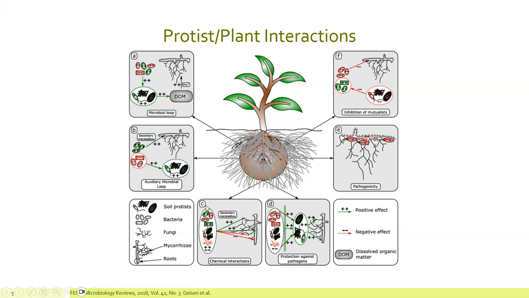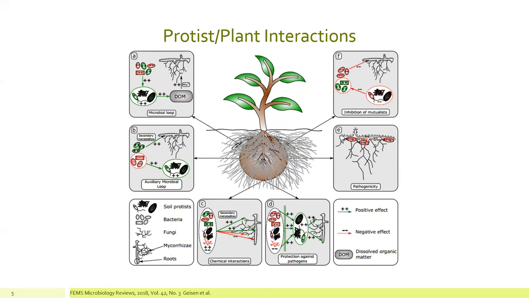Next up, we have down here C. C are the chemical interactions. Both C and D are mostly chemical interactions, but for C, what we're seeing here are both the positive and negative effects that these protists or predators can have in the system. Now you can see that there are some pathogens.